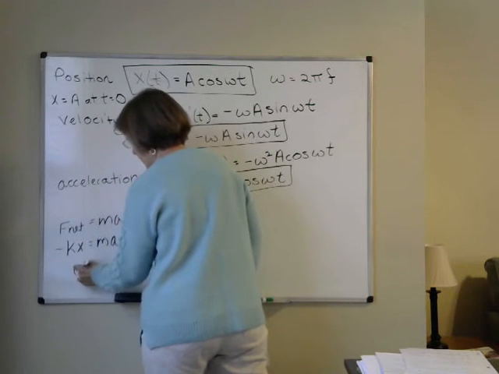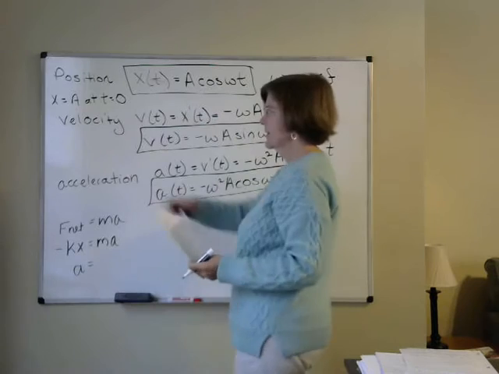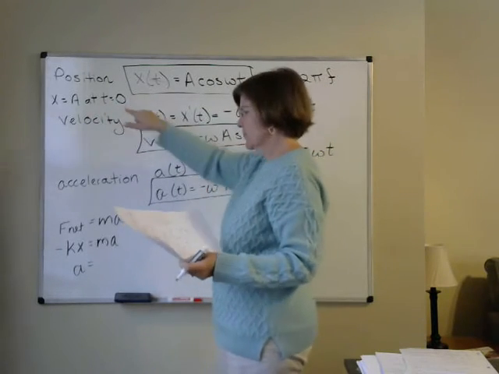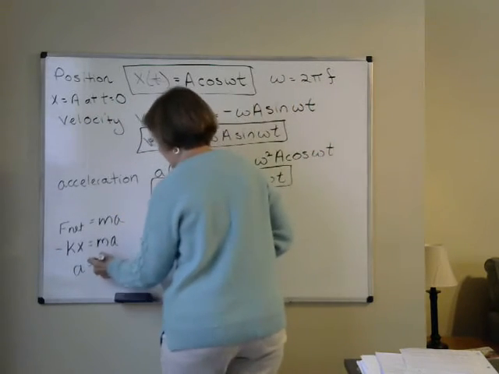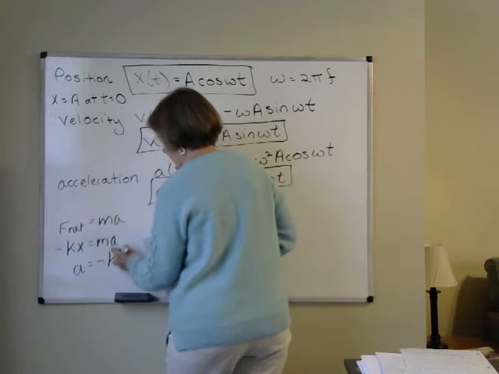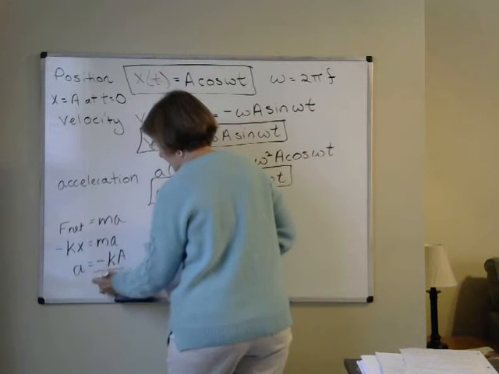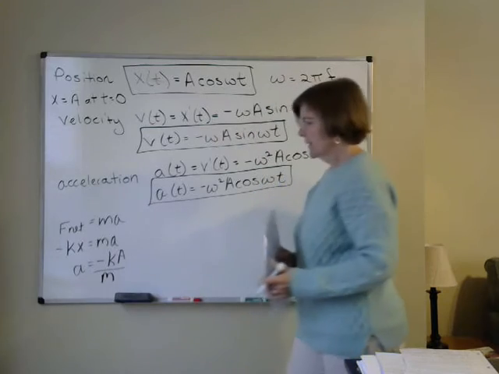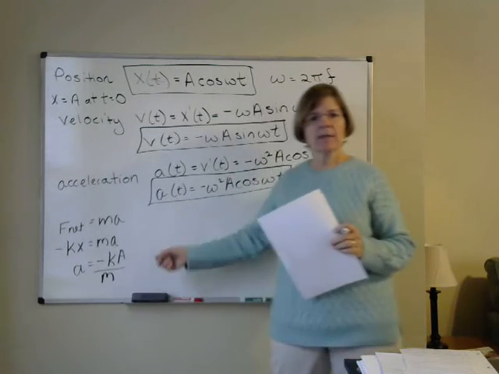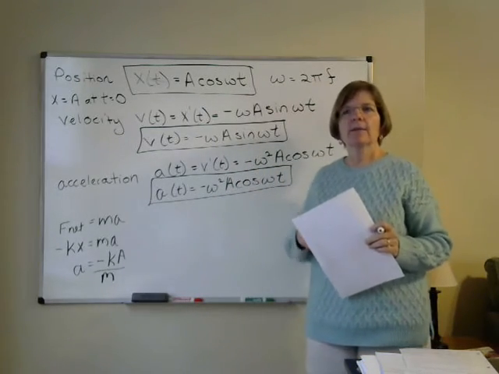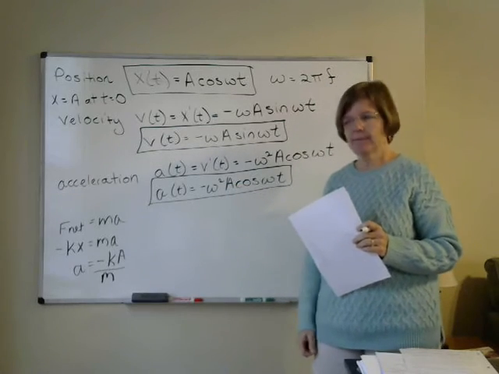So the acceleration at this point, x equals A, t equals 0, is going to be negative kA over m. The negative is just telling you if the displacement is to the right, the force is to the left.